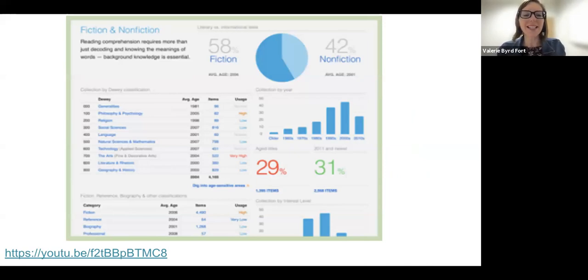I did it yesterday for our collection, and you click what diverse topics you want to see, how many books you have in your collection about particular groups. It does just list the groups itself.